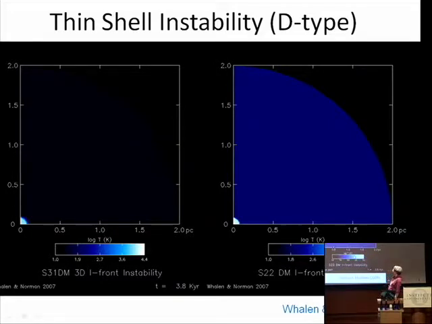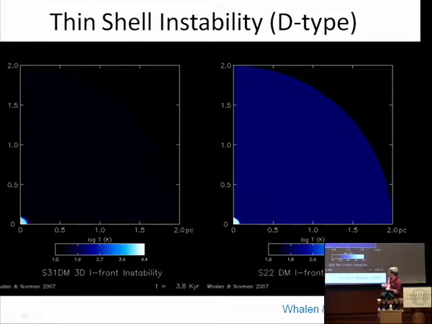There is another kind which is probably more relevant for understanding the observations, which occurs in D-type I fronts, and it's related to the thin shell instability. So the point is, for D-type fronts, you always have a hydrodynamic problem. You've got a shock wave being driven into the neutral medium, and when that shock wave compresses the gas, you get a thin shell, which is hydrodynamically unstable.